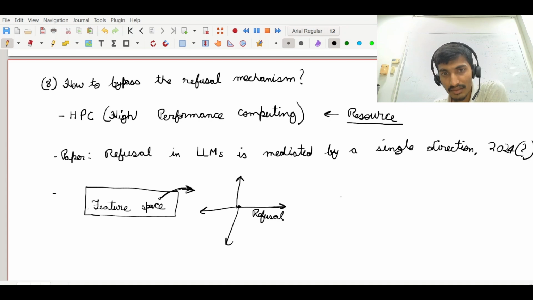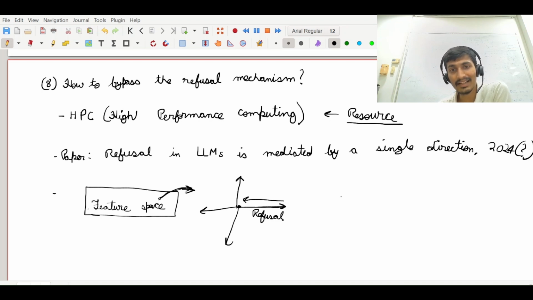If you make model tweaks and negate this direction, the output of the model is unguarded. There are no guardrails and the model has no refusal mechanisms, and its performance on other tasks doesn't deteriorate, but it's able to not refuse.